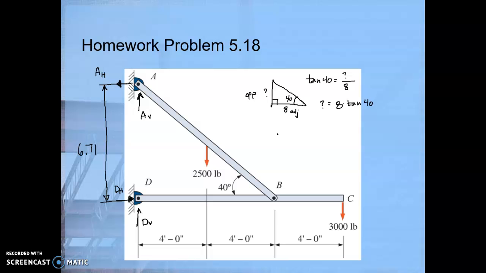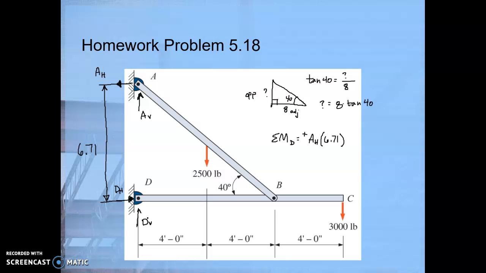We can sum the moments about the bottom left corner, about D. AH is going to be going to the left, which means it's going to make a counterclockwise rotation, which we call positive. So we've got positive AH times 6.71. Then what else do we have?